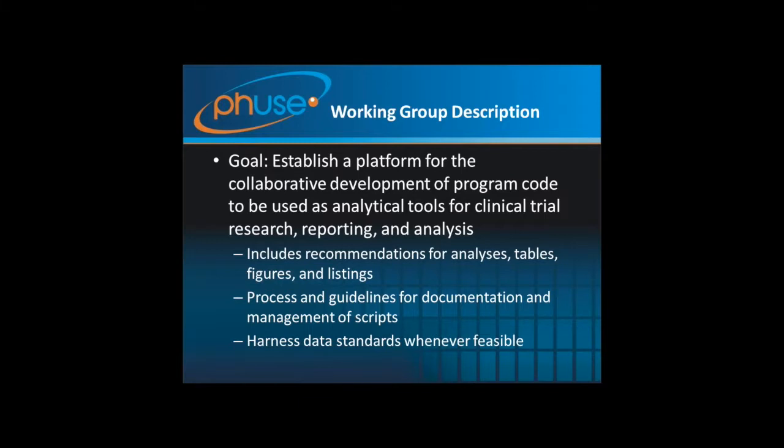And then we would create code associated with those recommendations and have a platform for storing such code, and have it be an open platform, so it could also include code associated with these recommendations, but also can store code from various other sources as well. So the goal is to have a platform for sharing code and harness the data standards.